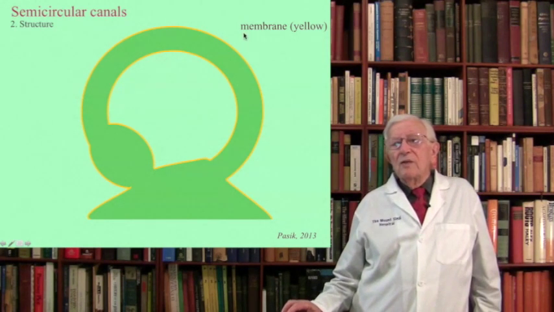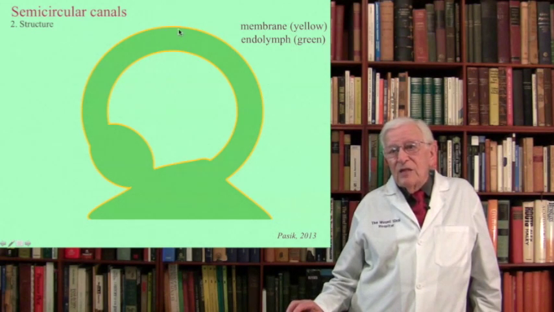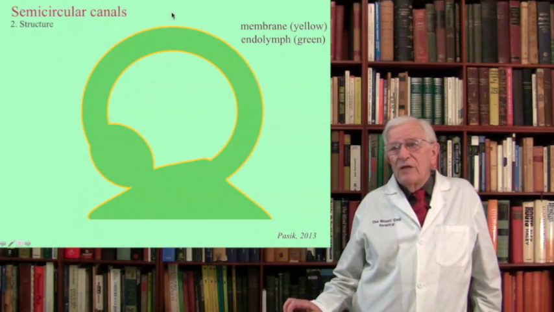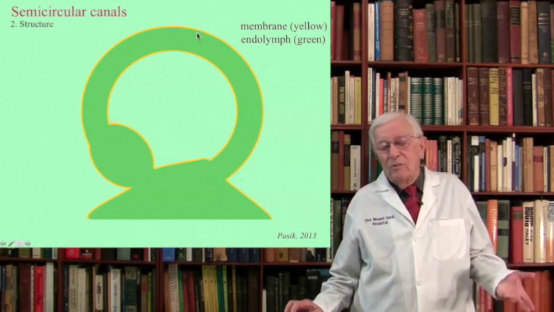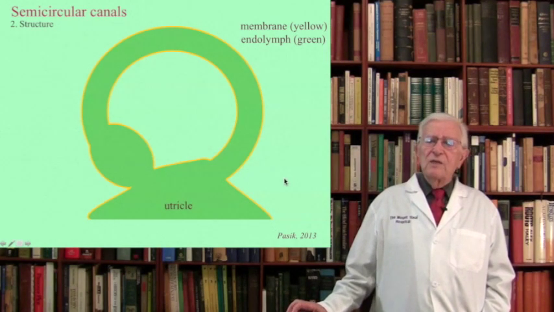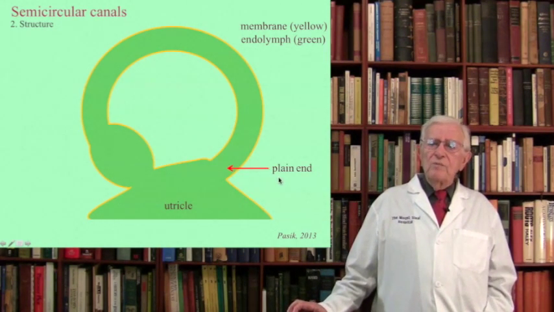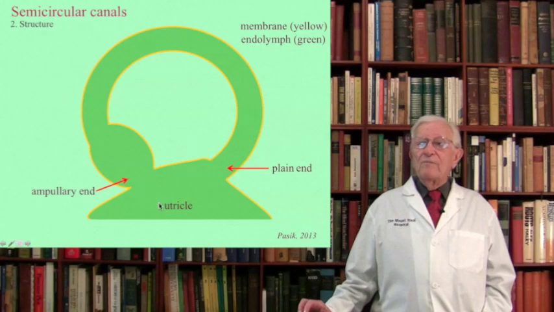I'm adding this information, which is important too: in this diagram, what is yellow is the membrane, and the green is the endolymph that fills the space. You see that there is a free ending to the utricle, a plane end, and then you have a so-called ampullary end, or ampulla.